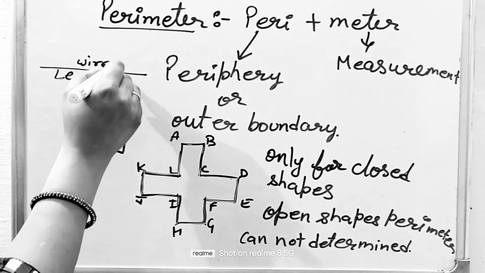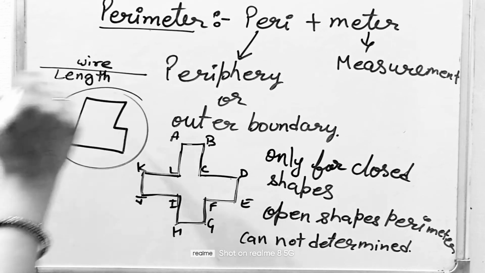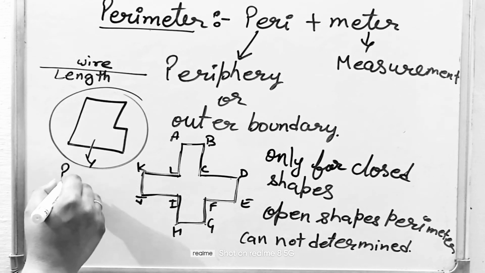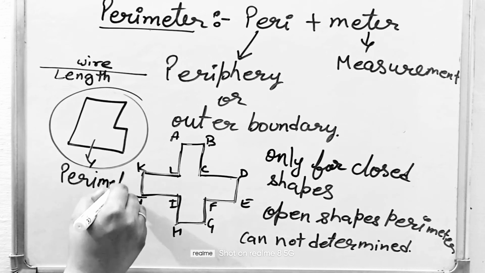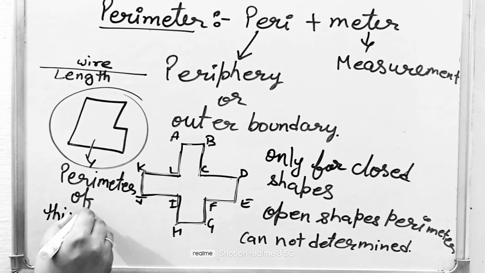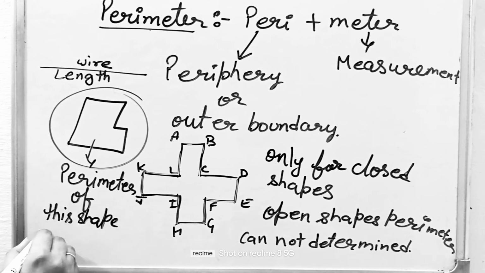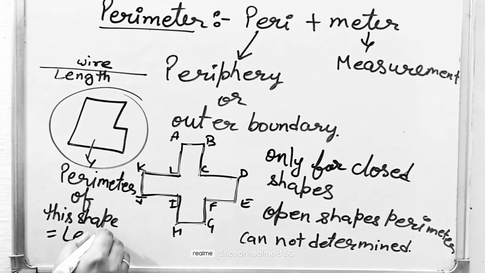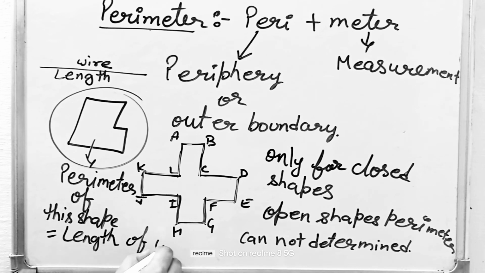Because you are using only this wire to make this shape, the perimeter of this shape will be equal to the length of the wire. Right? This is another method by which you can find the perimeter of any shape if any side or any dimension is not given to you. Because in the first method you can only add sides when you know their measurements.